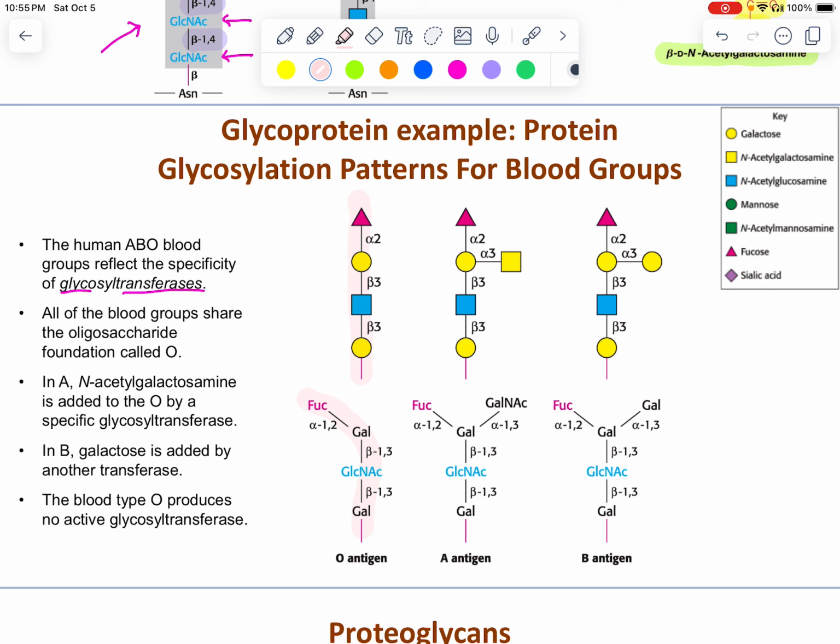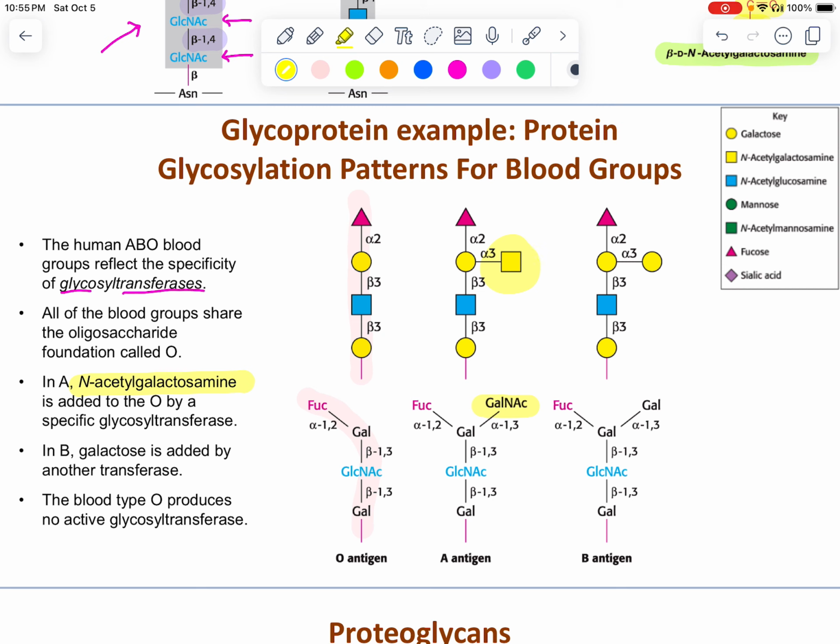But if you have an A blood type, you have a specific enzyme that will add, let me highlight in a different color, an N-acetylgalactosamine, right here to that galactose, right here.